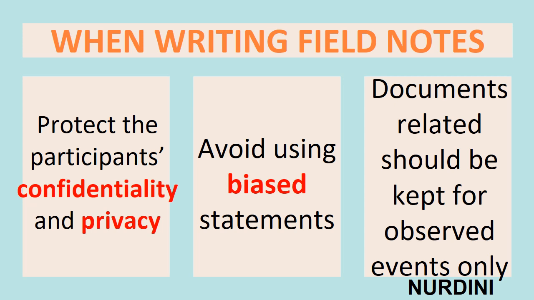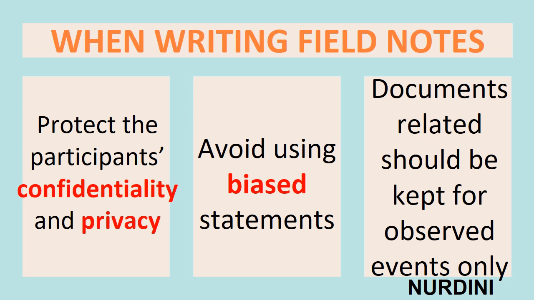This is a very important ethic that you need to consider in your research. So avoid using their real names and try to use a pseudonym. A pseudonym is like a fake name that is usually used by a writer. So you can use a pseudonym instead of a real name, and also try to avoid exposing their identity.